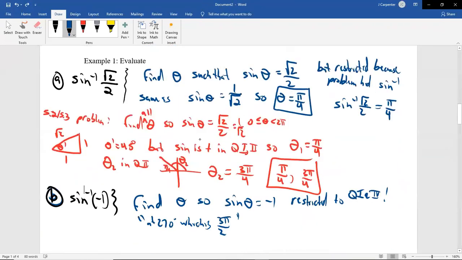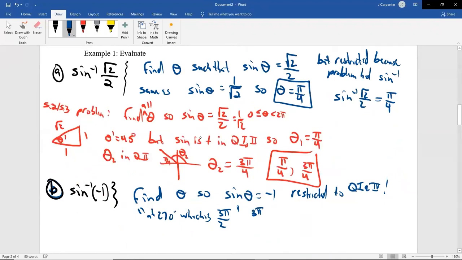So 3 pi over 2 is the same thing as -pi over 2, and this is how you have to answer it for an inverse trig function, because 3 pi over 2 is outside of the range. -pi over 2, the coterminal version of that, just rotating clockwise instead of counterclockwise, is in the appropriate range. So that's the answer. That's the only way to answer it.